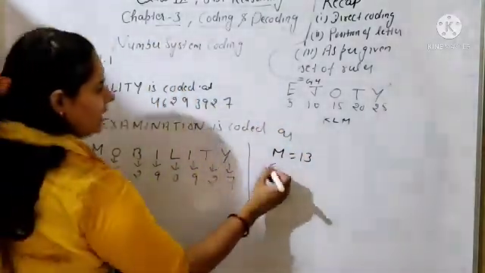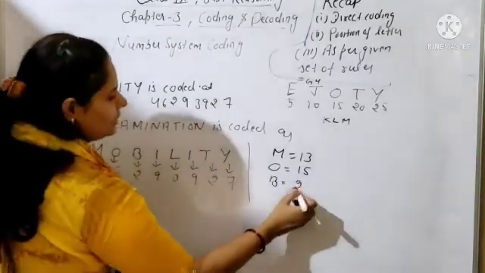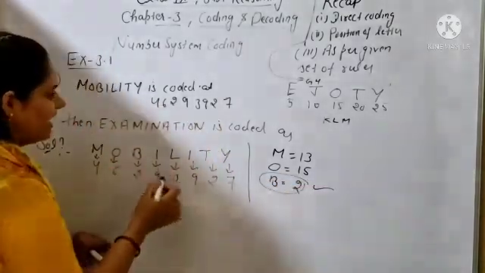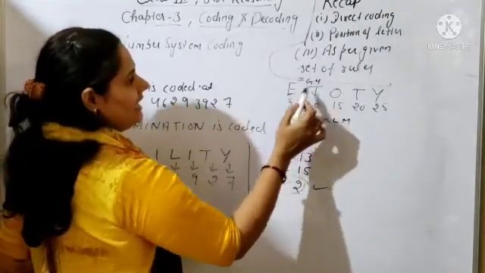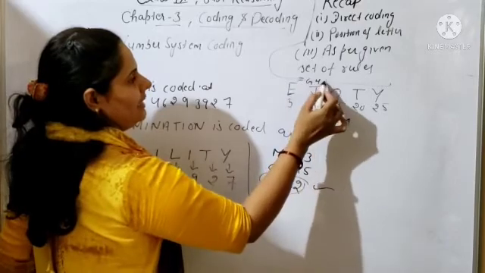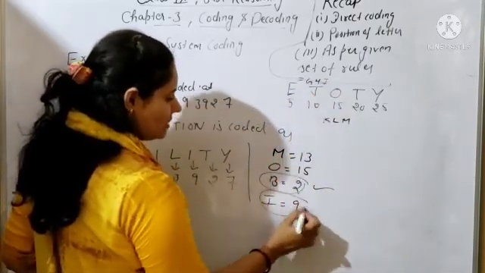O position is 15. Next B position is 2. This is correct. Next I position. F G H I, so 5, 6, 7, 8 and next will be 9. So I position is 9. This one is also correct.